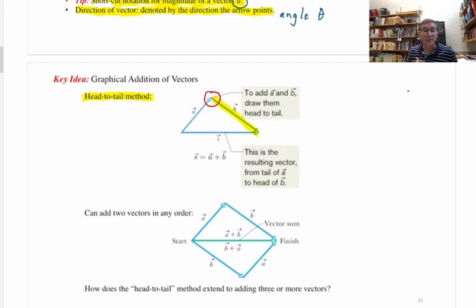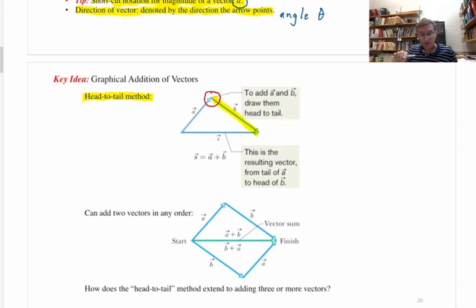So in the head to tail method of adding vectors, you first draw the vectors head to tail. You are allowed, by the way, to take any vector that you're given, represented by an arrow graphically, and slide that arrow around on your 2-dimensional surface however is convenient, as long as you don't change the length of the arrow or the angle of its tilt.